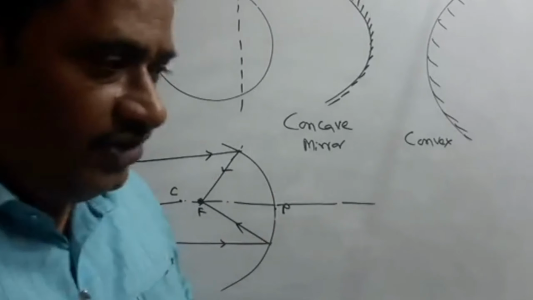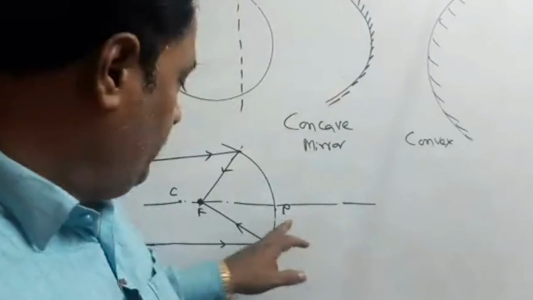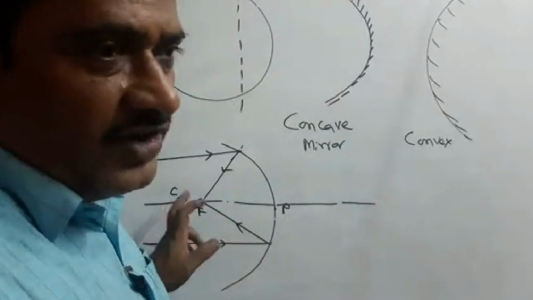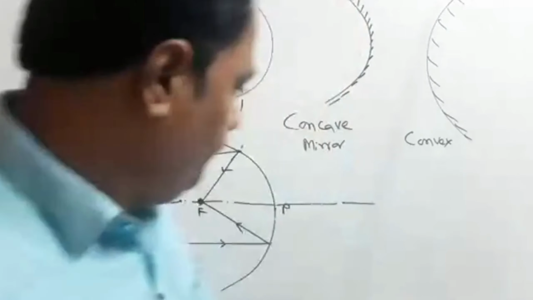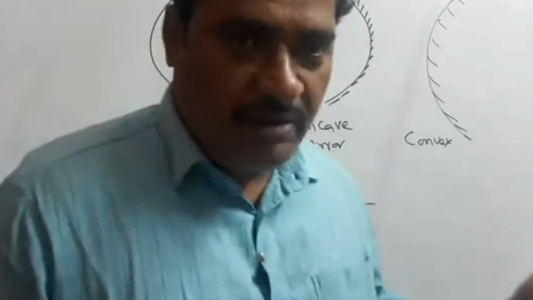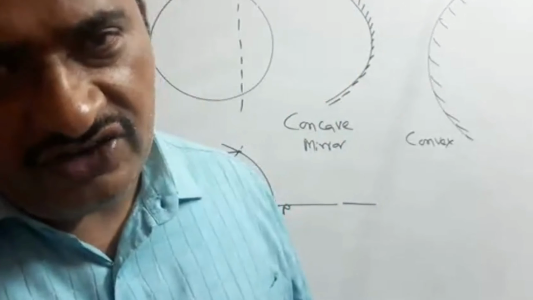You should follow the points very carefully. Now I have told you 3 points. This is the pole. This is the center of curvature. Center of curvature to pole is the radius of curvature. After reflection, in the case of concave or convex, those points may be the point of convergence or point of divergence.